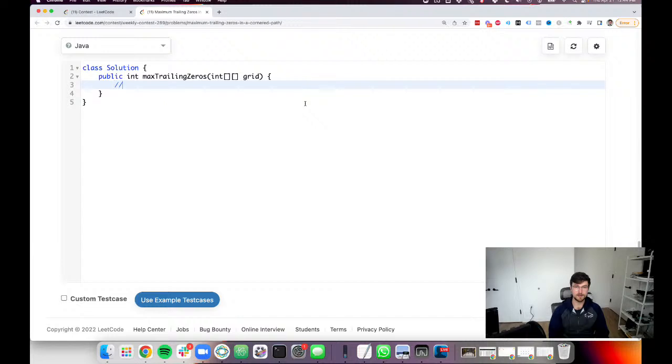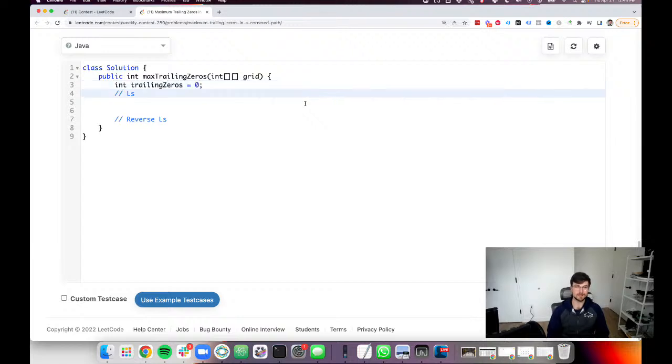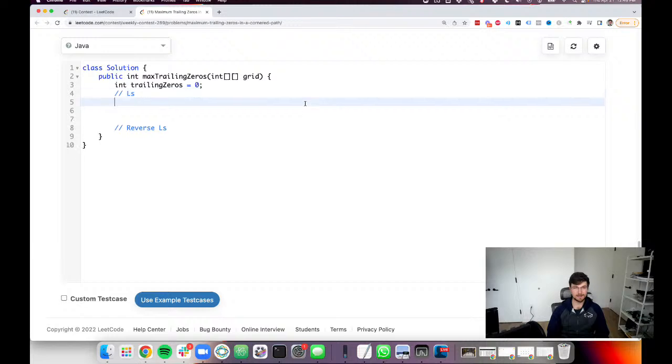So our max trailings are max, and let's start by doing the L's.